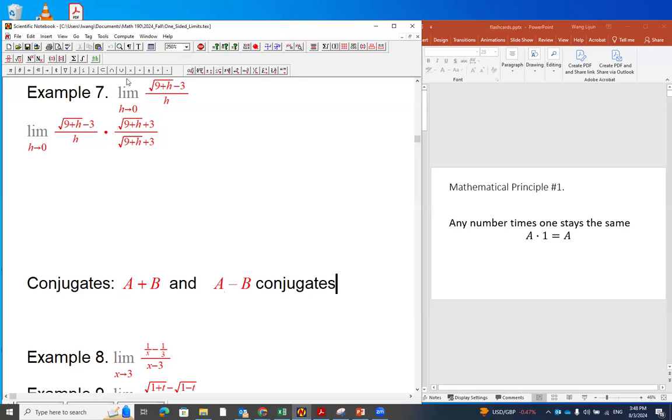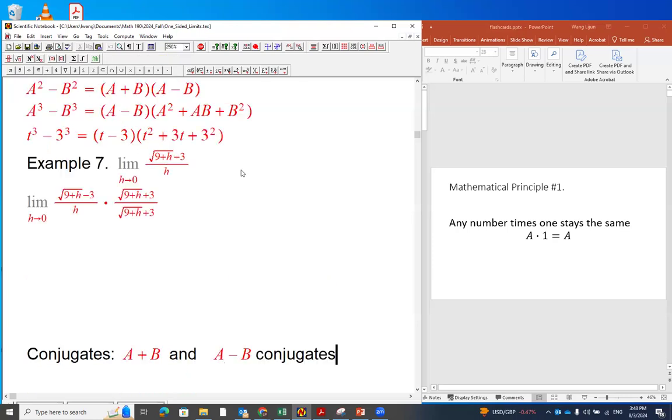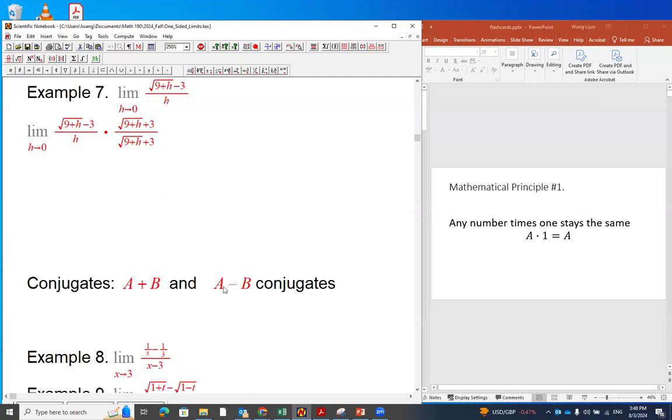What's so nice about conjugates? We have a formula here, right? When you multiply conjugates, if I put the left on the right and the right on the left, we get this. When conjugates multiply each other, we get one number squared subtracting the other number squared. It's a very nice property we used a lot in algebra classes.